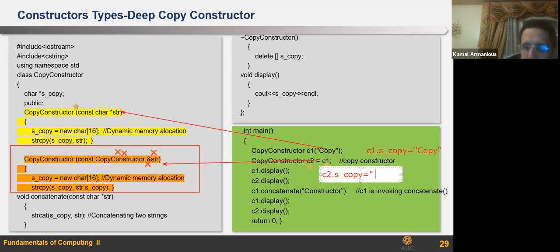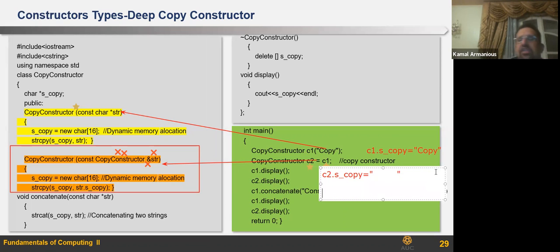So it will be 16 characters, assuming that this is 16 characters. لسه فاضية. اس كوبي بتاعت C2 لسه فاضية. str copy, s underscore copy يعني C2 dot s copy, str dot s underscore copy.